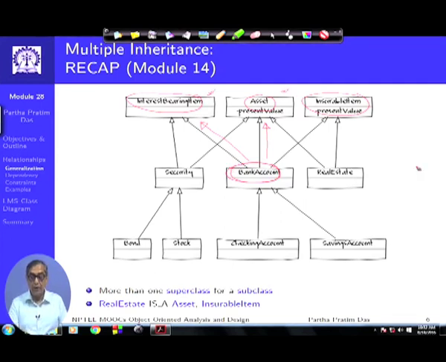Whenever that situation happens, then we say that we have a situation of multiple inheritance, and as this example shows, you could have multiple inheritance from 2 or more classes. Here bank account has 2 generalizations, security bank account has 3 generalizations, whereas security has just 2 generalizations and so on.